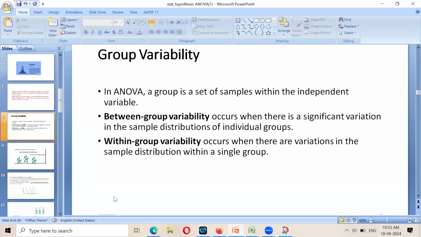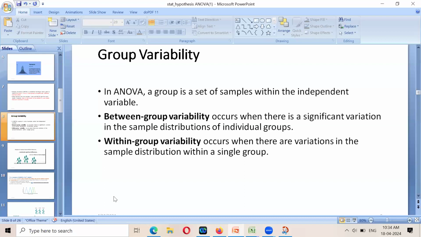Okay, but within the group variability means what? Suppose I consider only the first class test. So within the result of only class test 1, I will compare the results of the students in that group only. Within the group variability occurs when there are variations in the sample distribution within a single group.